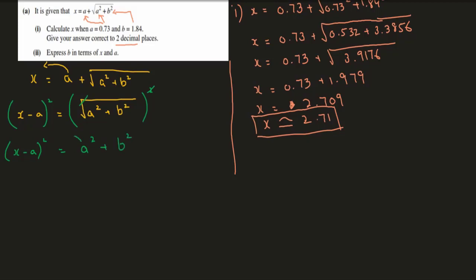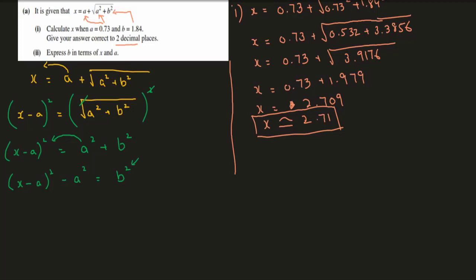Now I can take this a square to the other side. It would further isolate b. I would be left with this. Now the only thing remaining is this square.